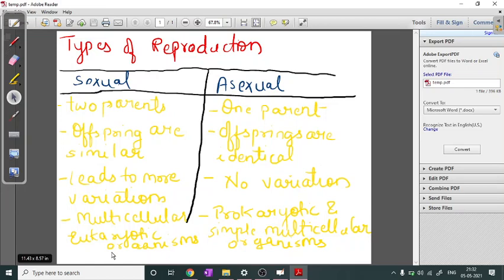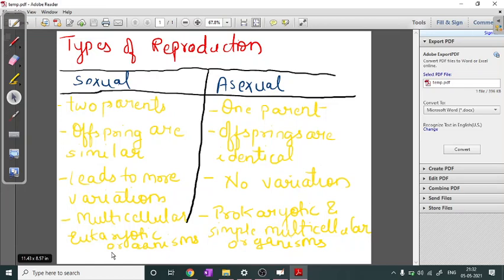Remember, sexual reproduction takes place in complex multicellular eukaryotic organisms, whereas asexual reproduction takes place in prokaryotic, meaning the primitive cells, the older cells like bacteria, and you can say viruses, that reproduce asexually.